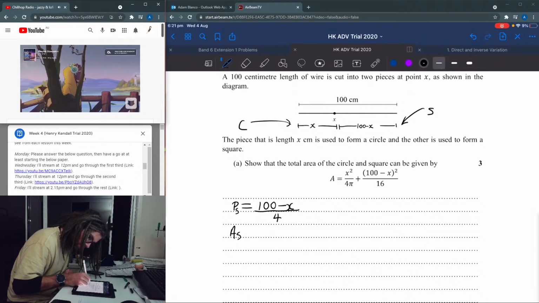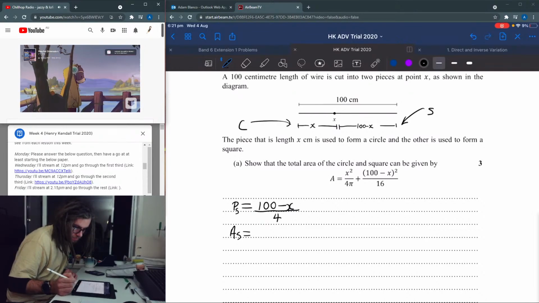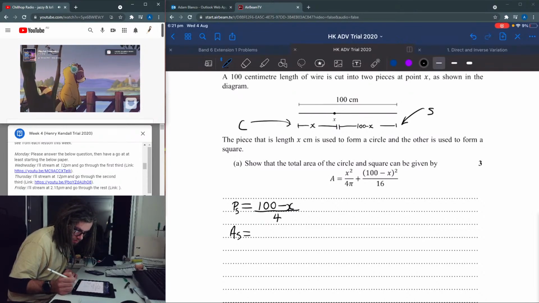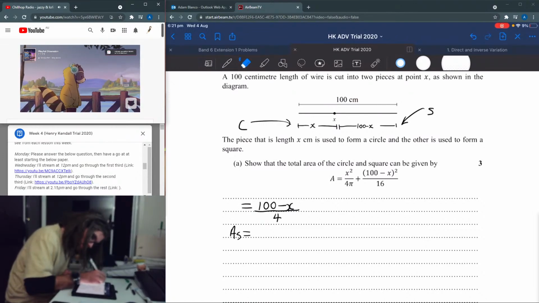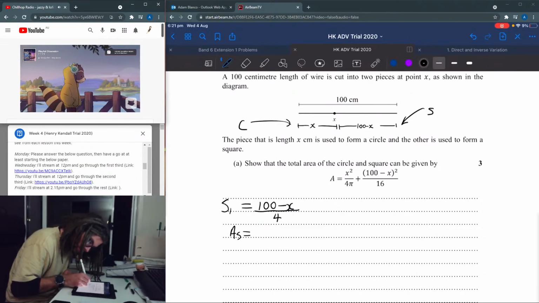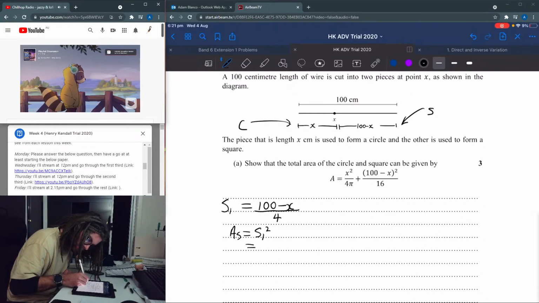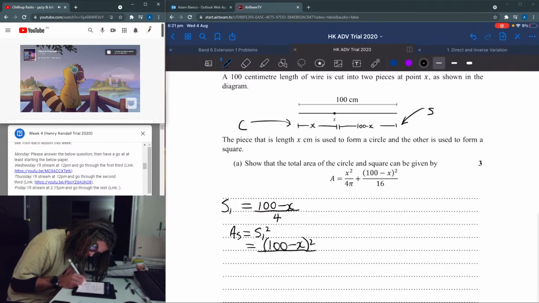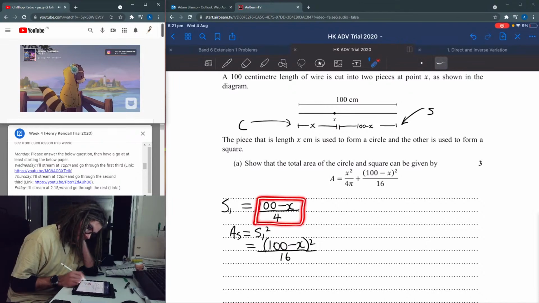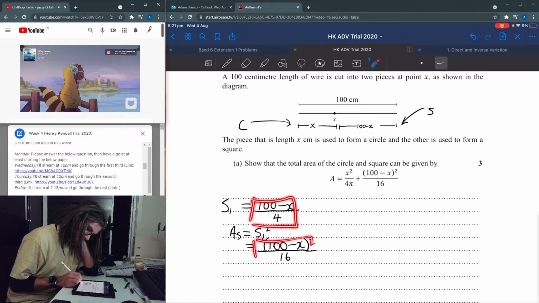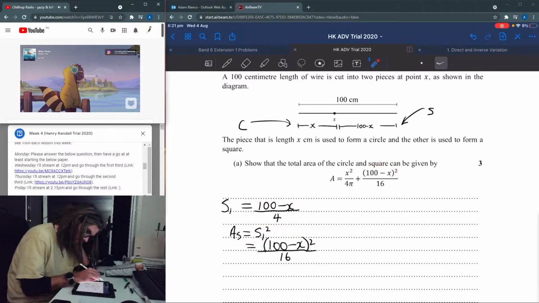So what's the area of the square? Actually, how is the perimeter that? That doesn't make any sense. One of the sides is that. So side 1 is going to be side 1 squared, which is 100 minus X squared on 16. So that's the length of one of the sides. And then to find the area, I just do side times side. So that's that. Oh, that's actually this. Okay, so that's the area of the square.